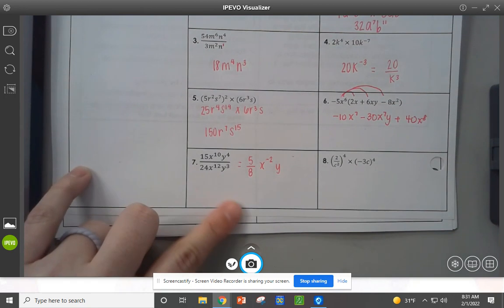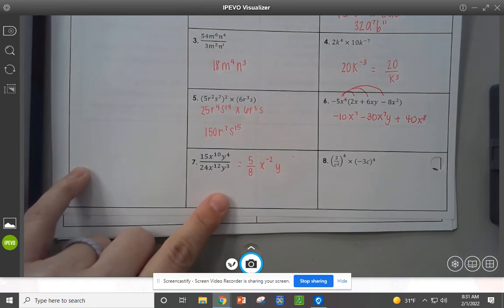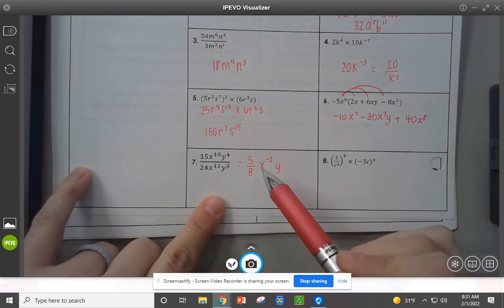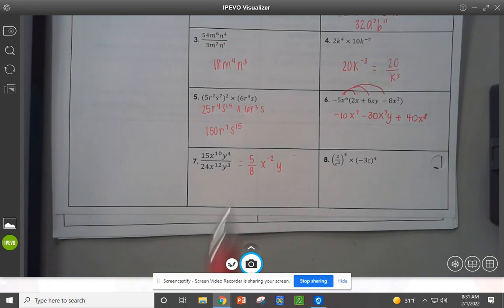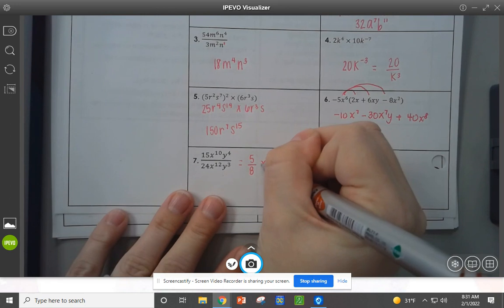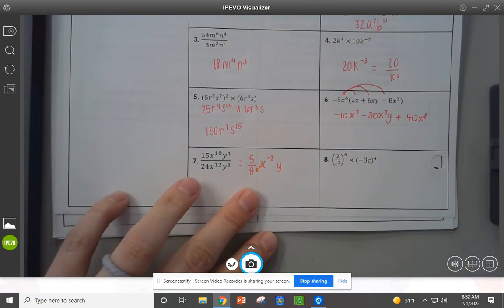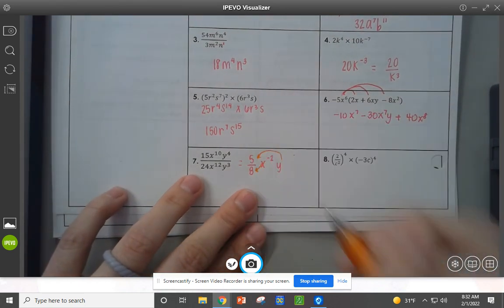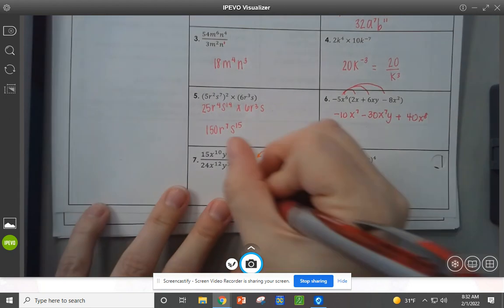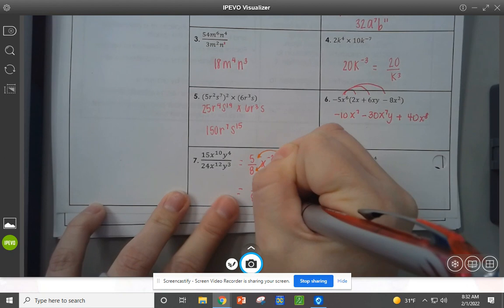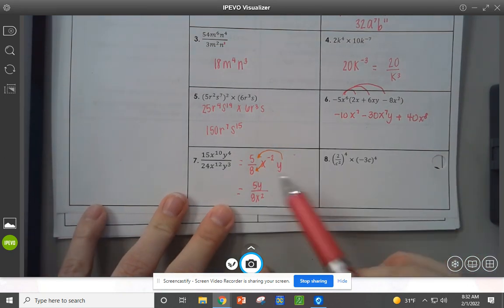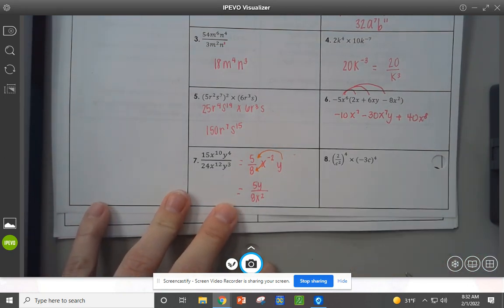And then we have y. With these types of problems, we really don't leave a fraction in the front. We just make it one big fraction, similar to how this one is written. So you need to recognize that this x needs to go on the bottom because it has the negative exponent, and the y goes on top. So when I rewrite it, it's going to be 5y on top and then 8x squared on bottom. Because when I write this on bottom, it becomes a positive 2.